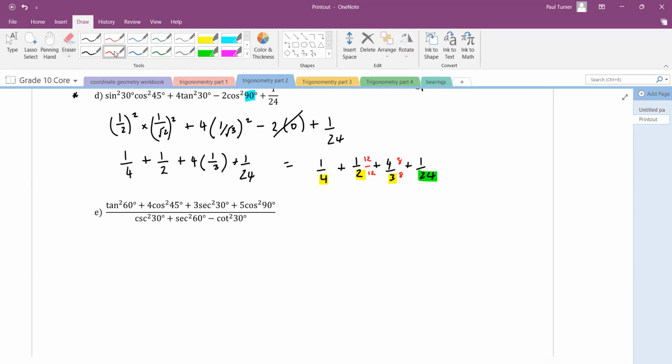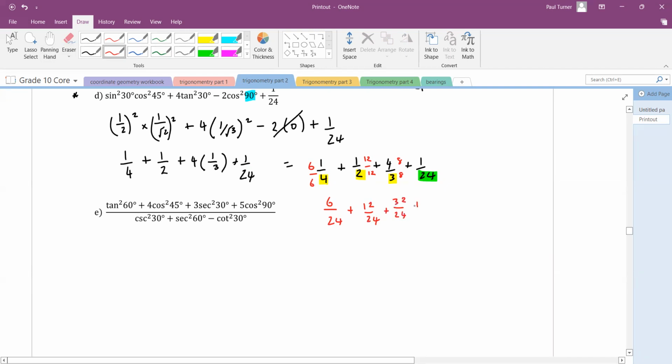So 6 ones are 6, 6 fours are 24, 1 12s are 12, 2 12s are 24. And 3 8s are 24, 4 8s are 32, and 1 on 24.